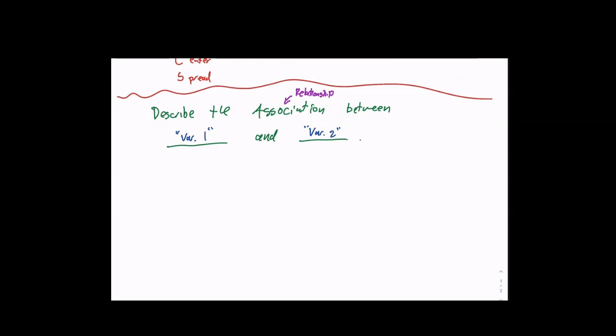All right. When we do this, the graphical representation is called a what? Does anybody know what the graphical representation is? So we have variable 1, this is like your x-axis, and then you have your y-axis, and then you have variable 2.